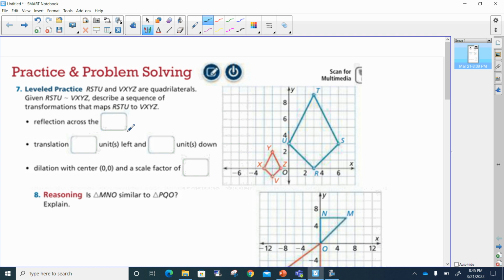First, it says reflection across the... Well, that tells me I'm either going to be reflecting across here or across here. It seems to me this image would be upside down over here if I reflect it across the x, so it's got to be the y-axis.